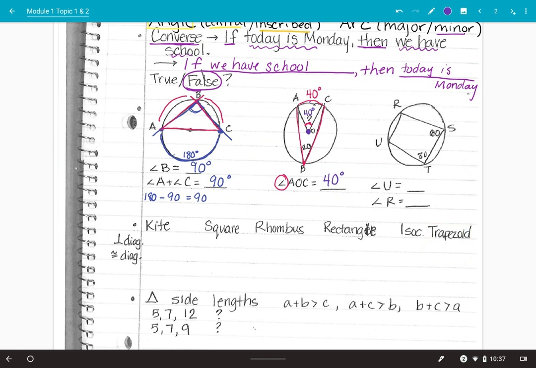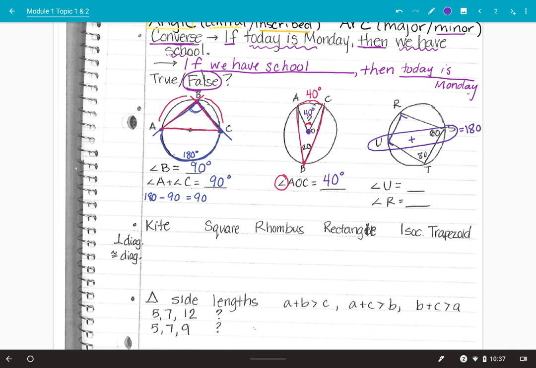Now, next one. This is a quadrilateral. Doesn't matter what kind of shape it is inside the circle, anything that has 4 sides. We want to find out what these angles are. The nice thing is opposite angles add up to equal 180.